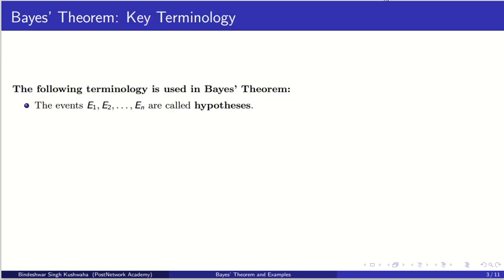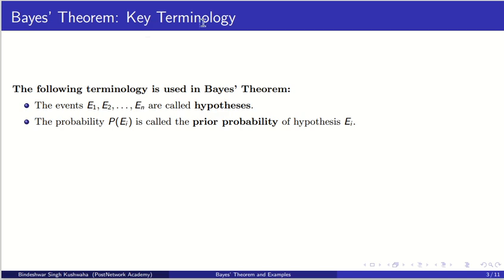So, the following terminologies are used in Bayes theorem. The events E1, E2, En are called hypotheses. The probability P(Ei) is called prior probability. These terms are very important, so you must take care of these things.